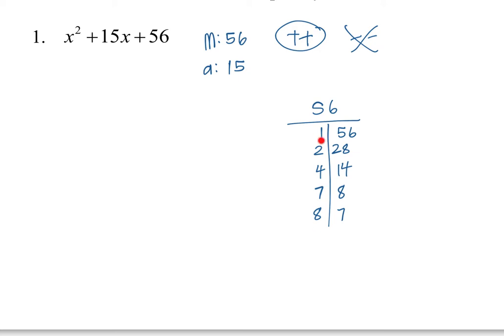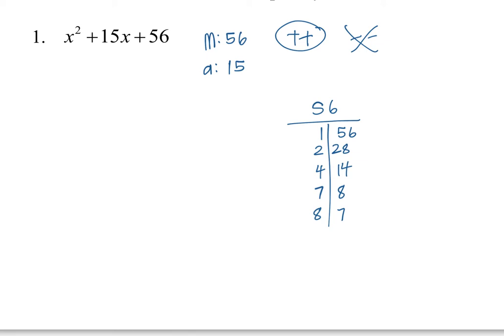I say 56 divided by 1, 56; 56 divided by 2, 28; 56 divided by 3, 3 didn't go into it, so I didn't write it. 56 divided by 4. 5 didn't go into it. 6 didn't go into it. 7 did. And when can you stop this cycle of writing down all these factors? Whenever you start repeating. See, 7 and 8, and then 8 and 7, I started repeating factors. So then I can stop.